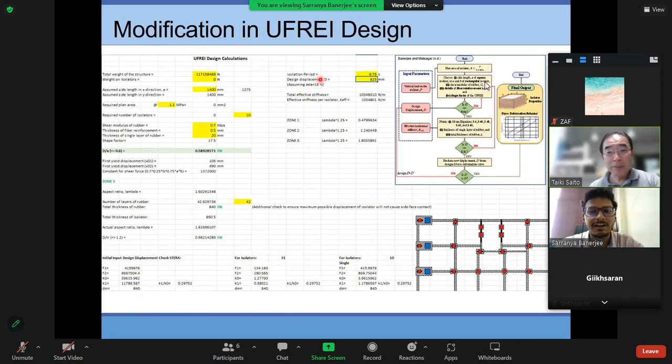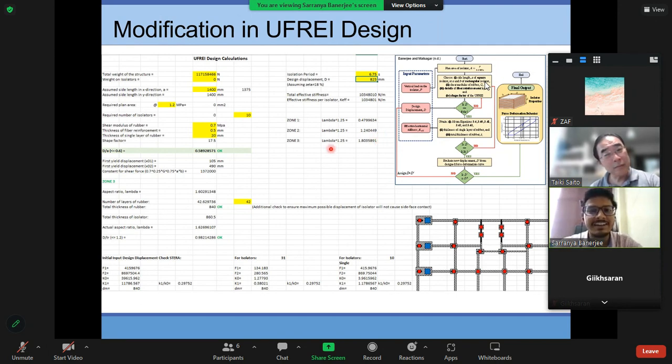One thing that I found is that when I designed the isolation system considering the nonlinear models, the base displacement was slightly reduced because there was more response in the superstructure and lesser response in the base displacement.